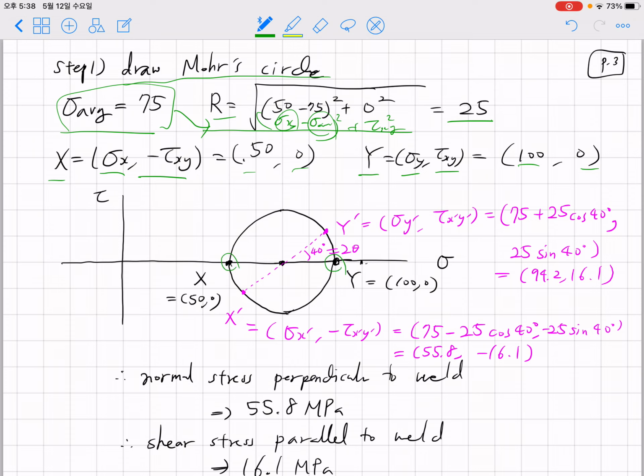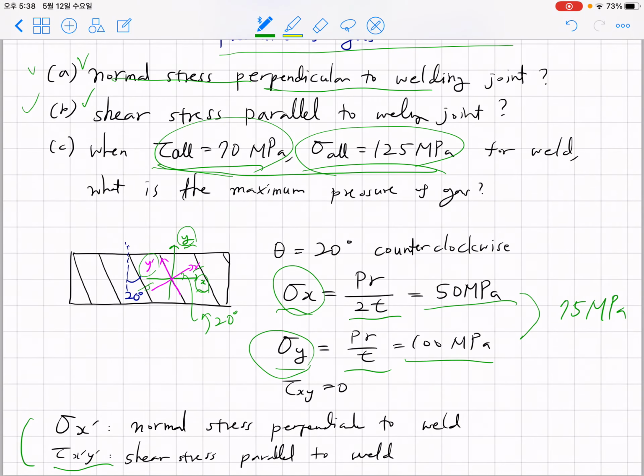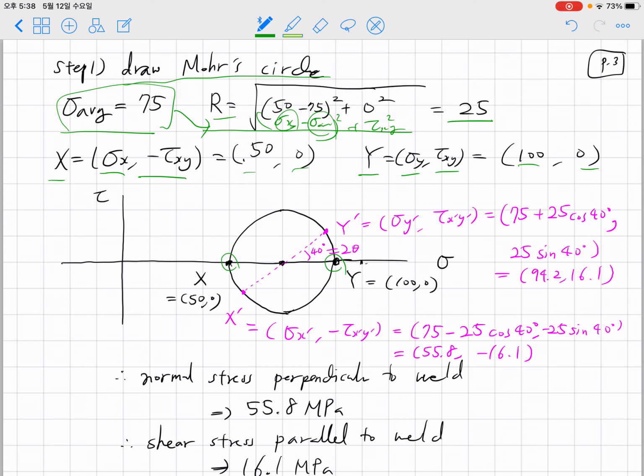Now because the x prime y prime axis is the axis rotated 20 degrees counterclockwise, we consider a 40 degree counterclockwise rotation of the xy point in the Mohr circle, and it becomes the x prime y prime coordinate.